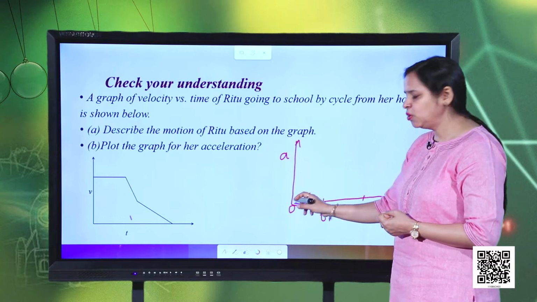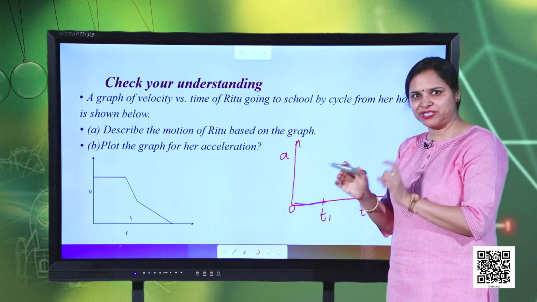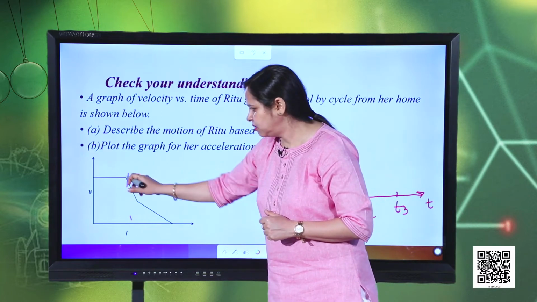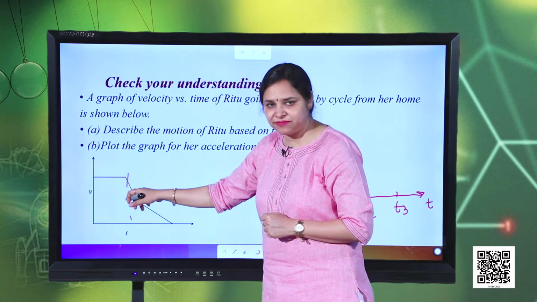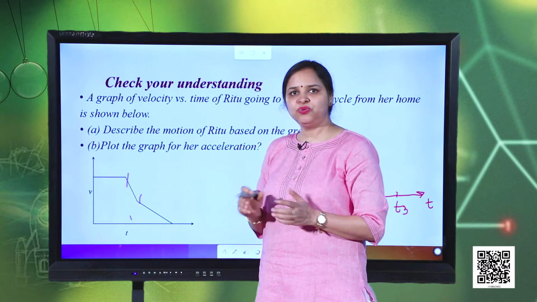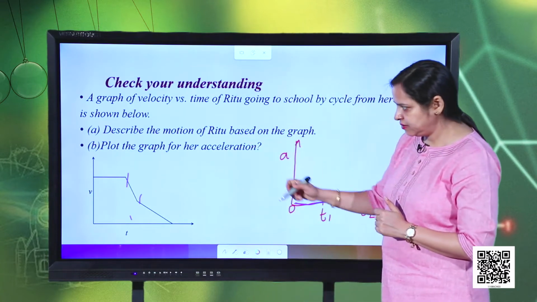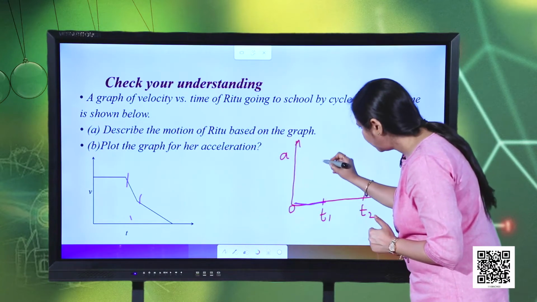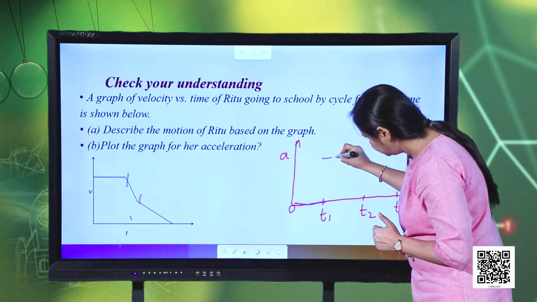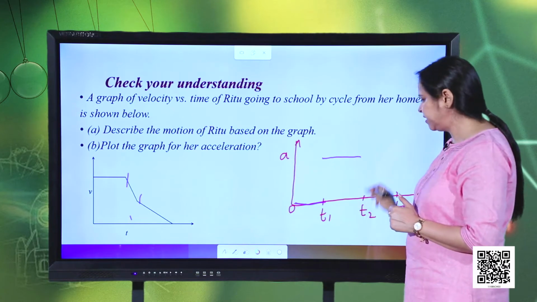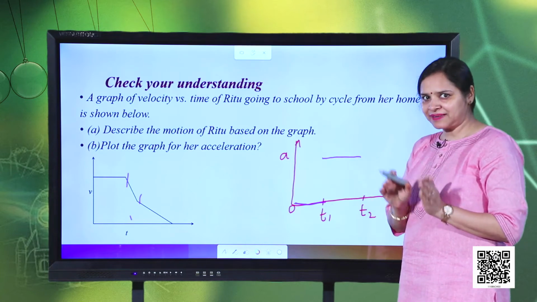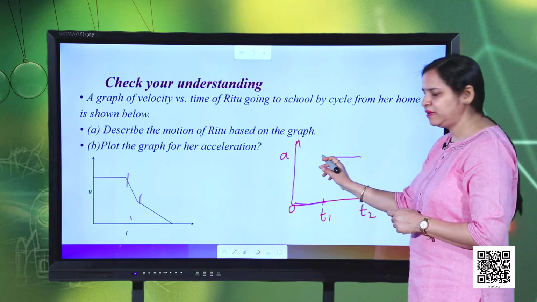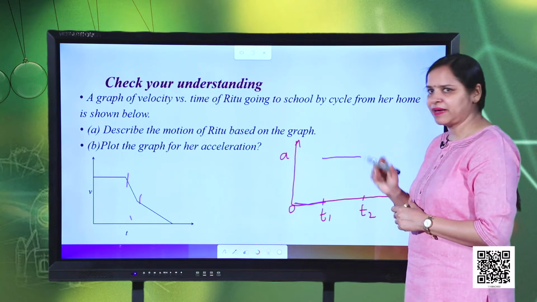Now, between t1 and t2, acceleration is uniform. Suppose I consider this to be the acceleration in this time duration; again acceleration is constant, so it has to be a line parallel to the time axis.